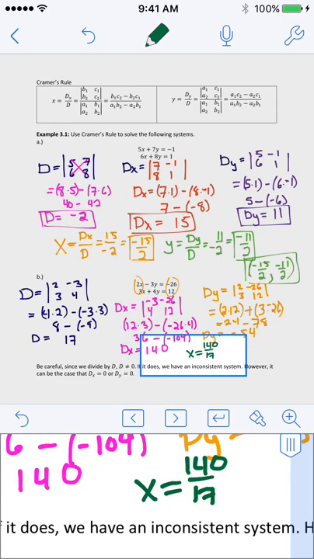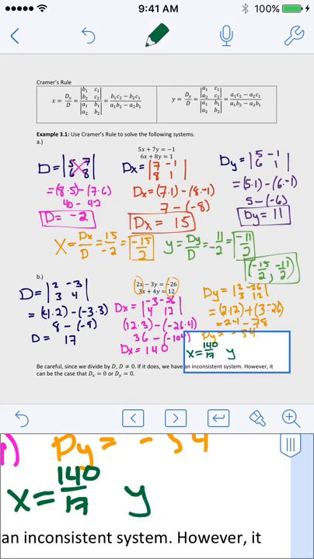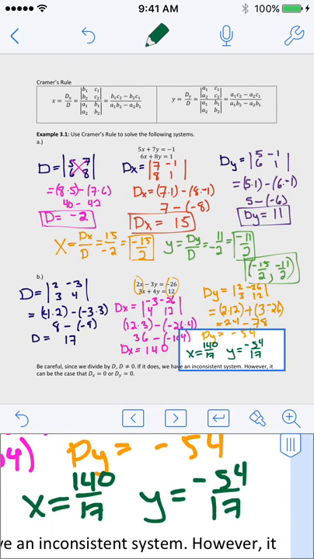Okay, and then y is going to be -54 over 17. 54 divided by 17 is not a whole number as well, so that is our answer.